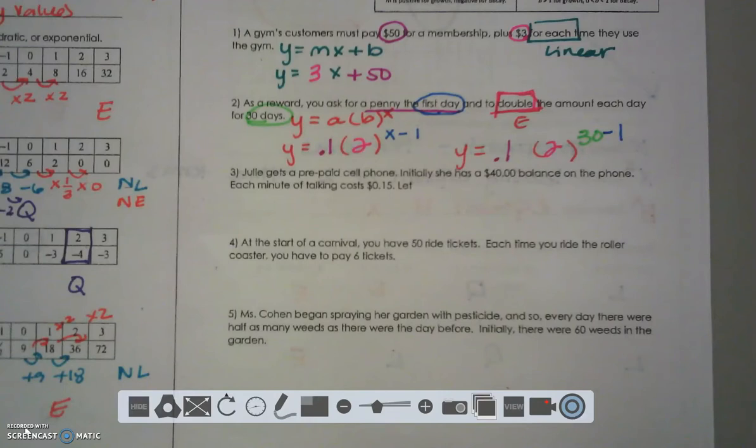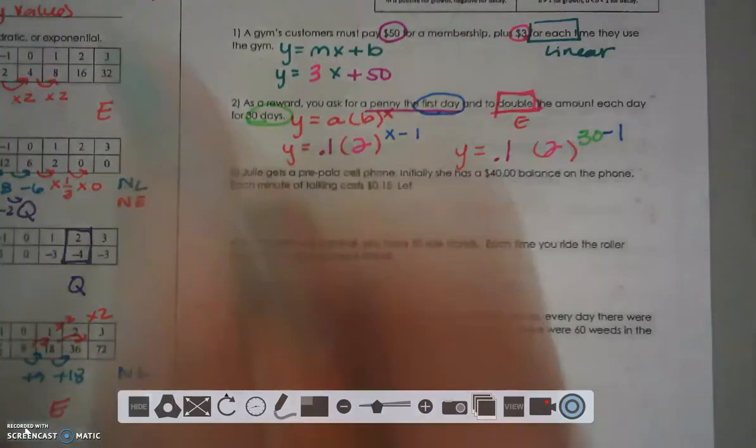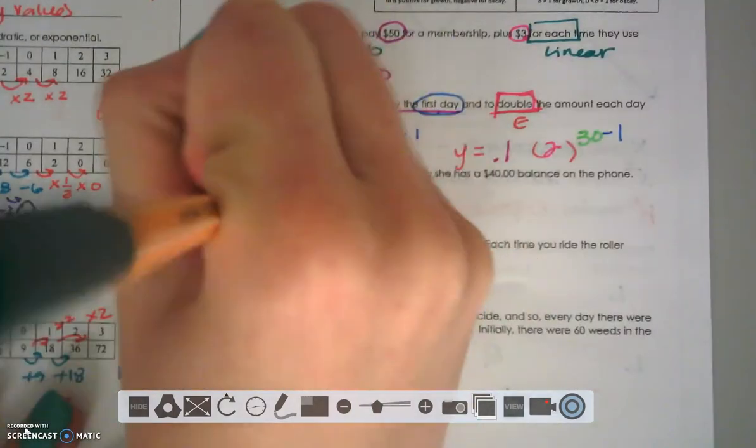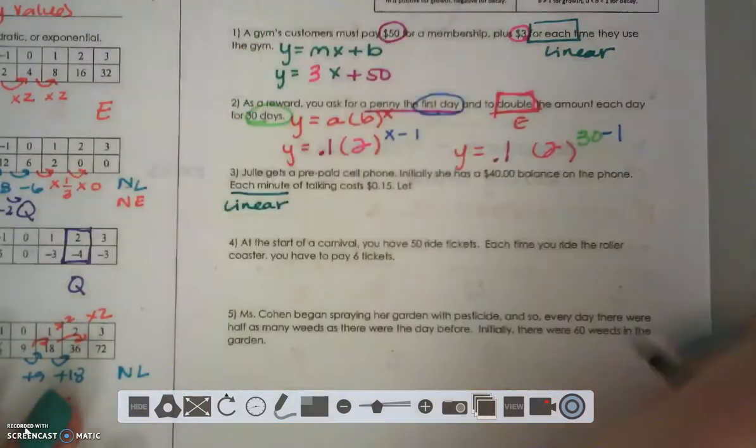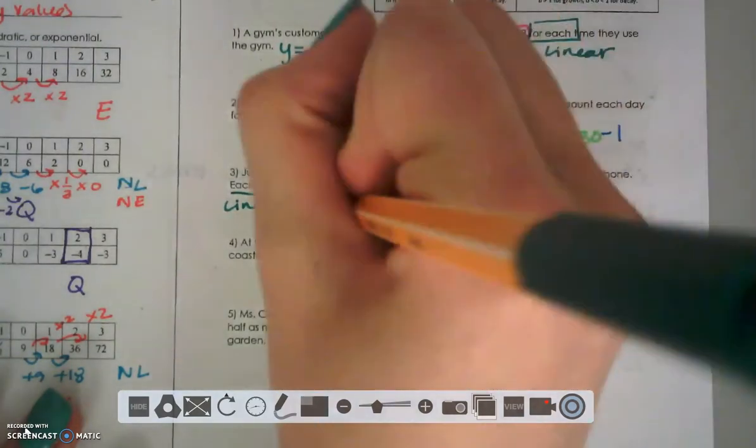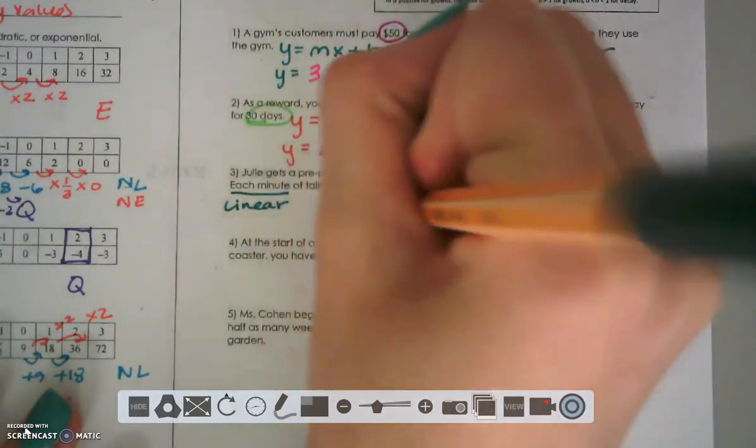Number 3, Julia gets a prepaid cell phone. Initially, she has a $40 balance on the phone. Each minute of talking costs 15 cents. So we see this word "each" again. That tells me we have something linear. So we need to fill out y equals mx plus b.